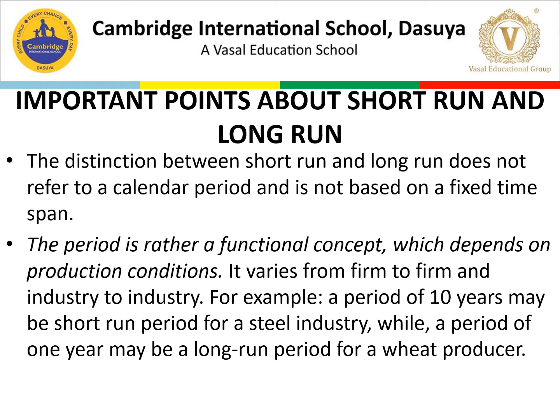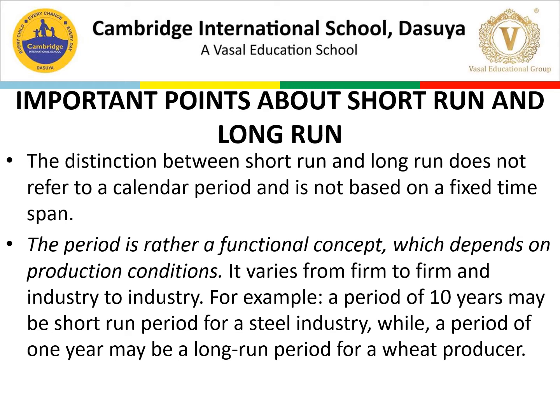When we make the distinction between long run and short run, it does not refer to a calendar period. We cannot say that from January 1, 2020 to December 31, 2020 will be defined as long run and this will be short run. So we cannot define it that way.